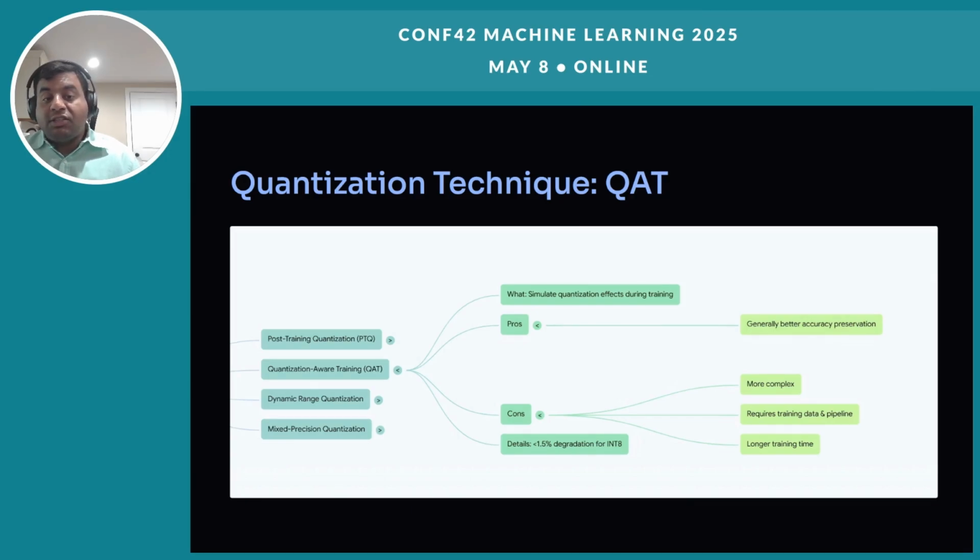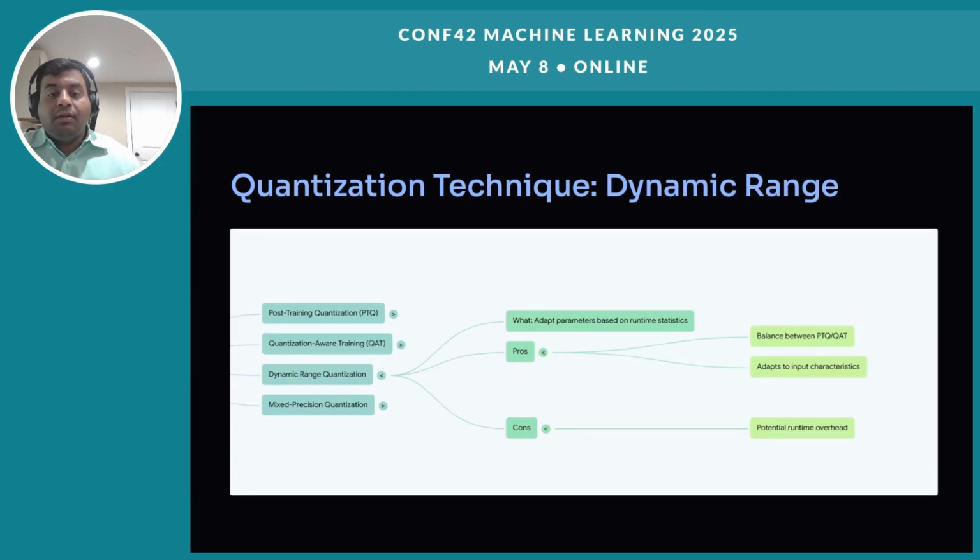What are the cons? It's more complex to implement as you need to modify the training code and pipeline. It requires access to the original training data and massive infrastructure. Training time is longer. QAT often keeps accuracy degradation below 1.5% for integer 8, potentially even better than PTQ.